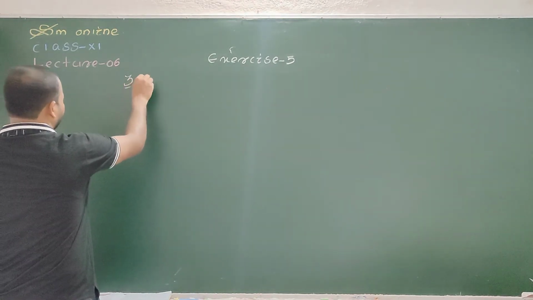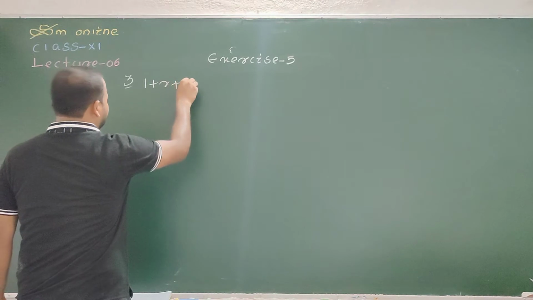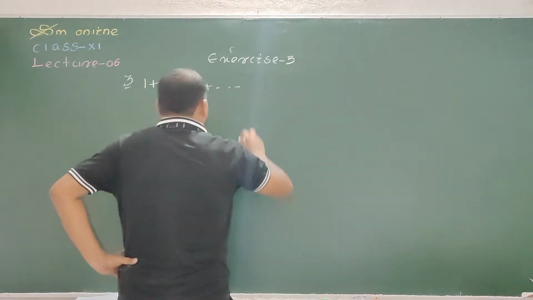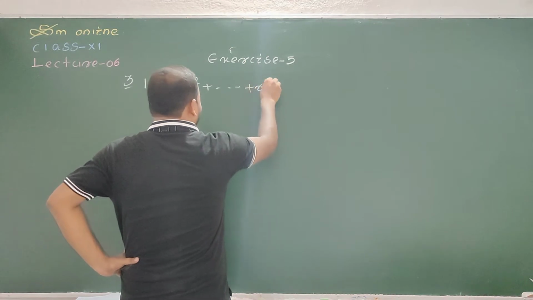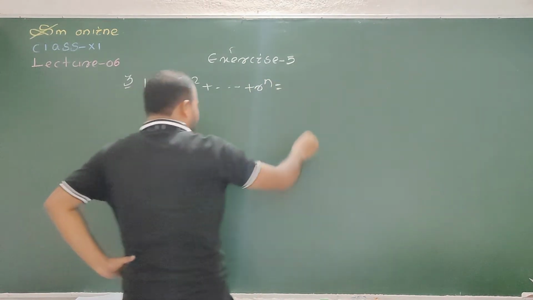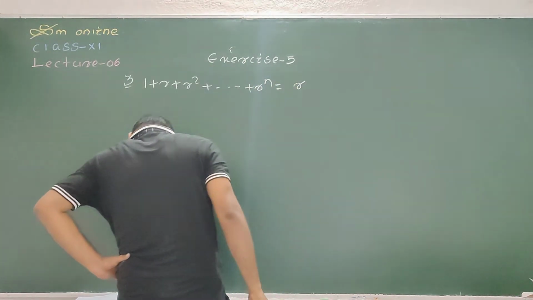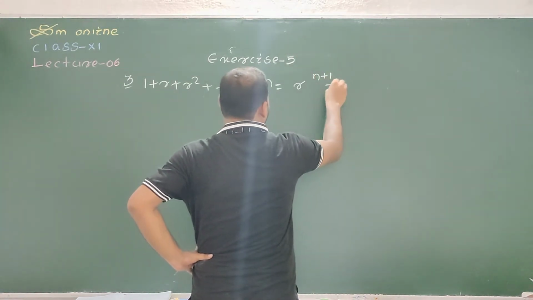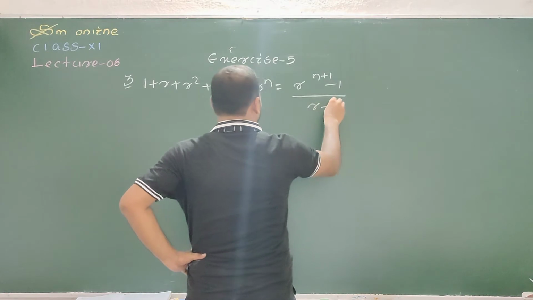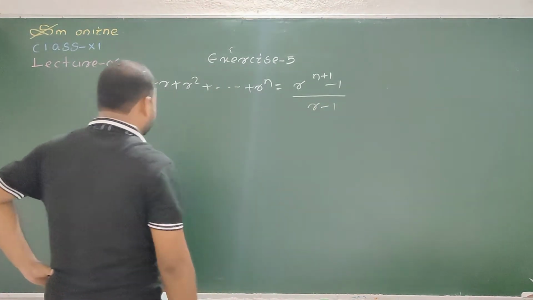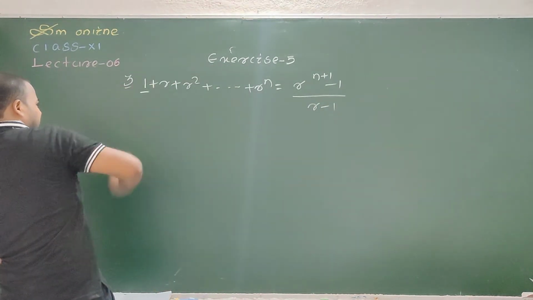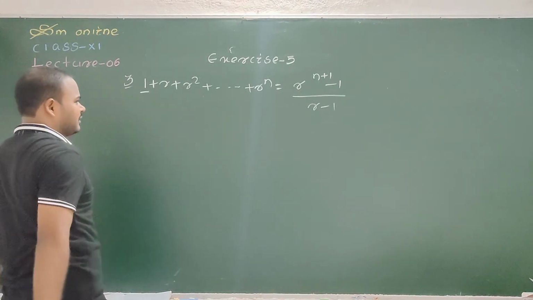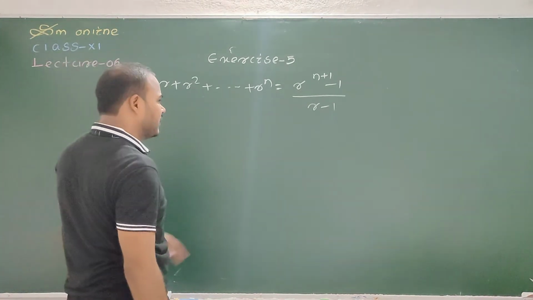So question number 3: this is 1 plus r square up to r to the power n equal to what? This is r to the power n plus 1 minus 1 upon r minus 1. Okay, so first 1 is added here, then r square up to what? r to the power n.